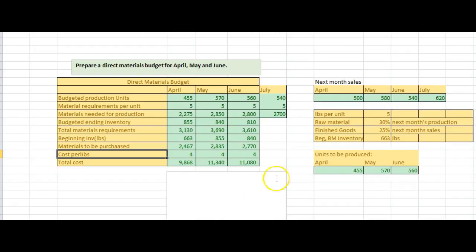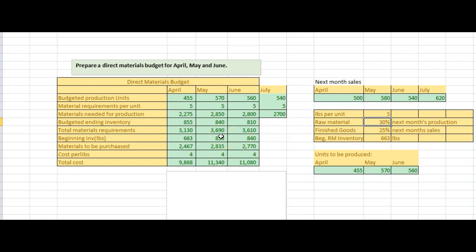Here's one on materials. This is a little more complex. Here are our units to be produced, and it's 5 units per unit. So this is what we need for production. Now we have a requirement for ending inventory, which is 30% of the next month's production.